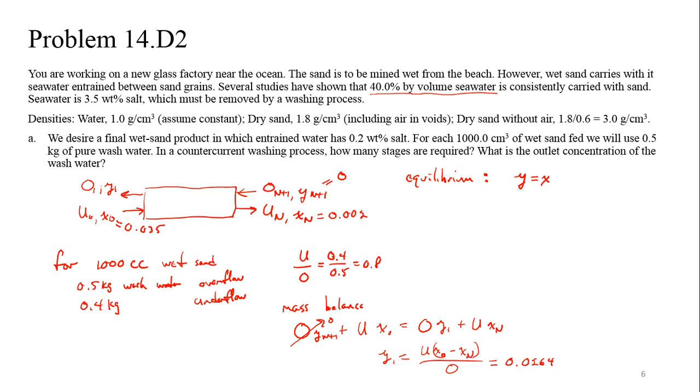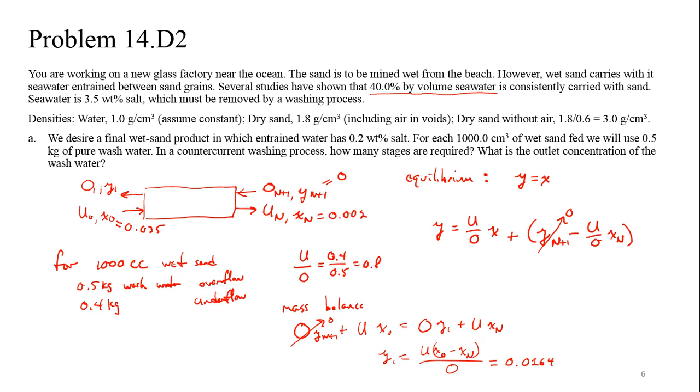And so as soon as we have that, then we can immediately write down what the operating line is. So our operating line is y is equal to u over O times x plus y in, which is y n plus 1, minus u over O times x out, which would be x sub n. And this term here is 0 for us, right?